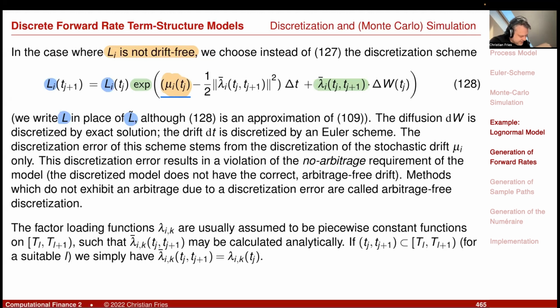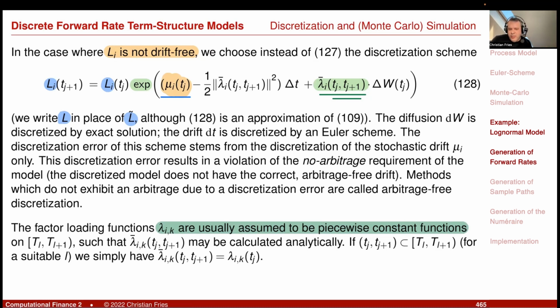So here for this lambda bar, it could be just the assumption that the original lambda is a piecewise constant function, at least constant on this time discretization step from tj to tj plus 1.